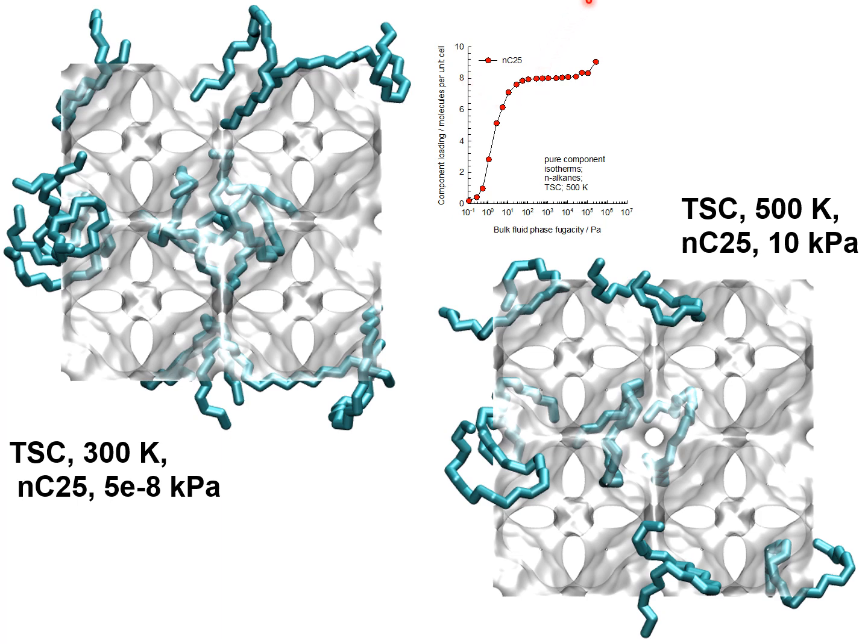And let's now examine how entropy effects can be exploited to exclude longer chain alkanes from mixtures containing alkanes of different chain lengths.